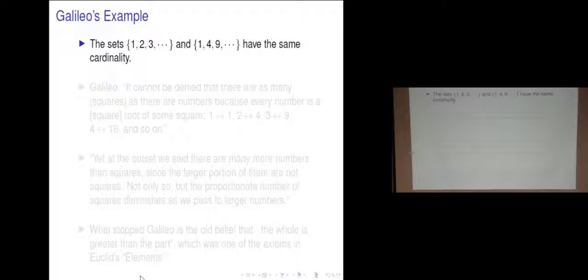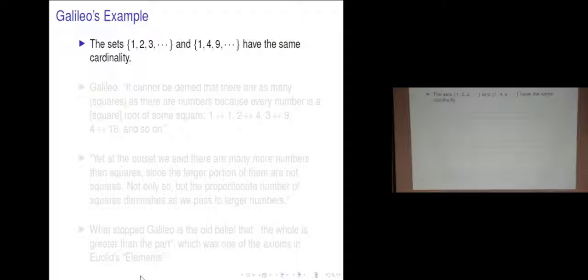He observed that if you look at the set of positive natural numbers and the set of their squares, 1 squared is 1, 2 squared is 4, 3 squared is 9, and so on and so forth, you can easily have a perfect matching between them.